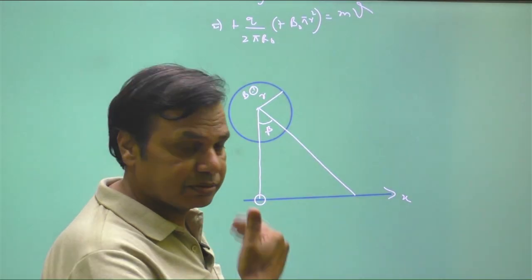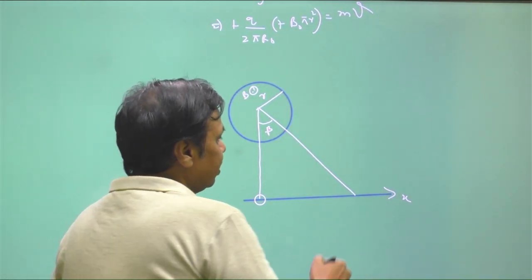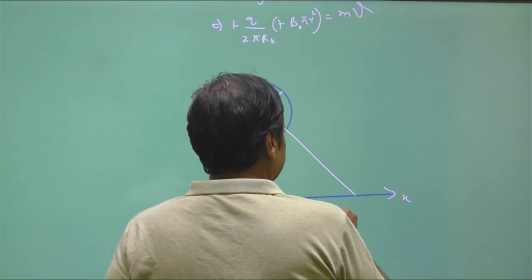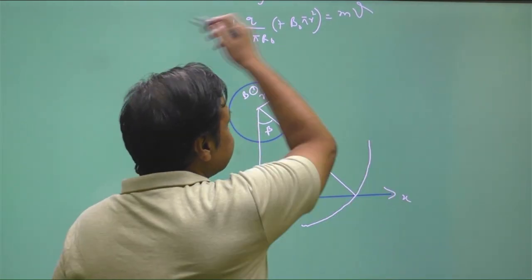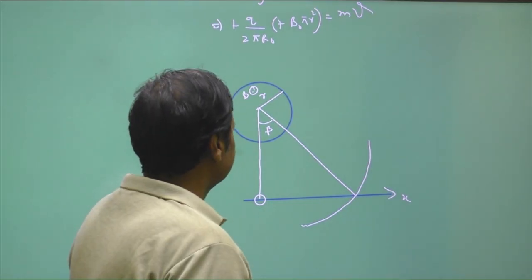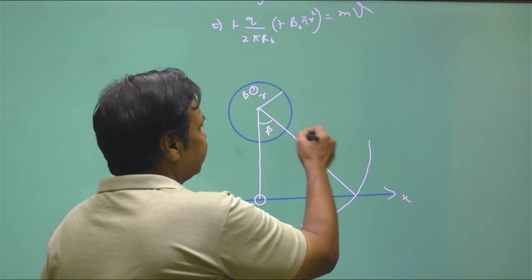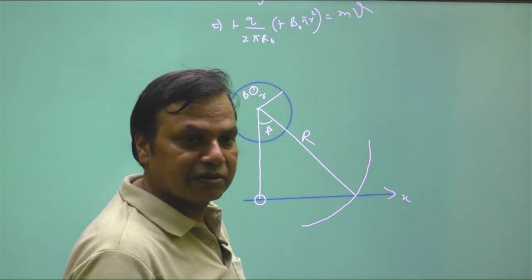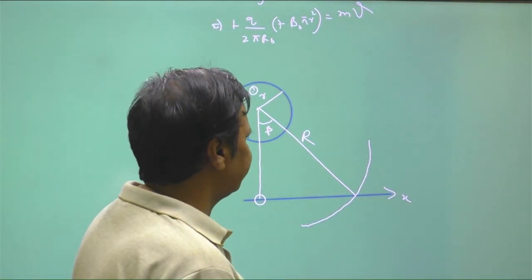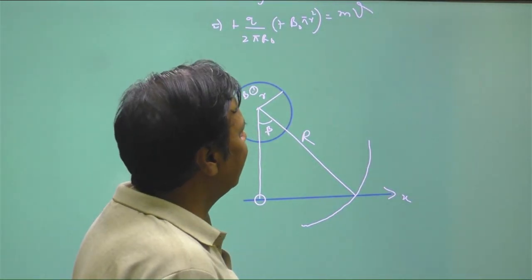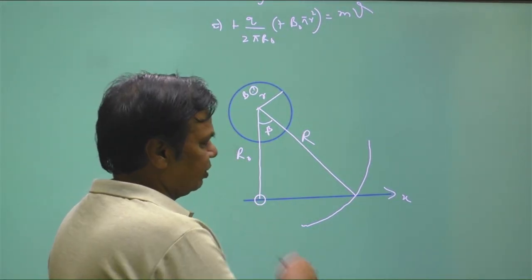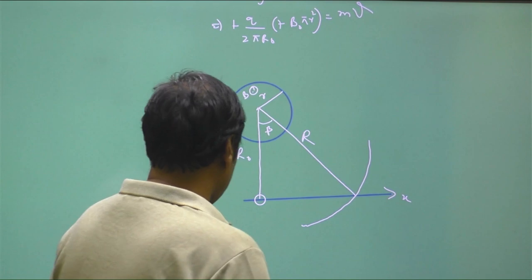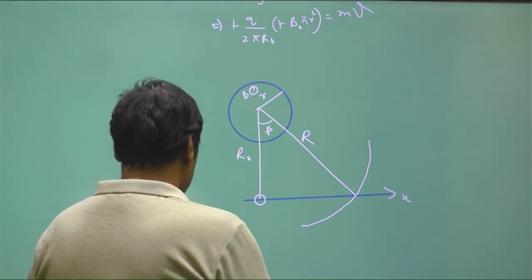And the magnetic field was like this, so it will create an electric field like this. Just take this total length r at an arbitrary position, and this length is r naught, of course, I know that.